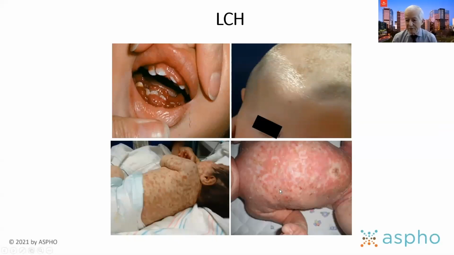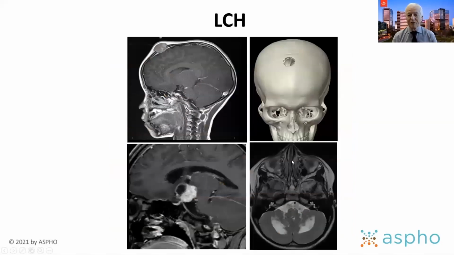These patients often have terrible ulcerative lesions in the axillae and in the genital and inguinal areas. Bone involvement classically makes a circular defect in a bone from an underlying soft tissue abnormality that may impinge on the dura, as in this case.